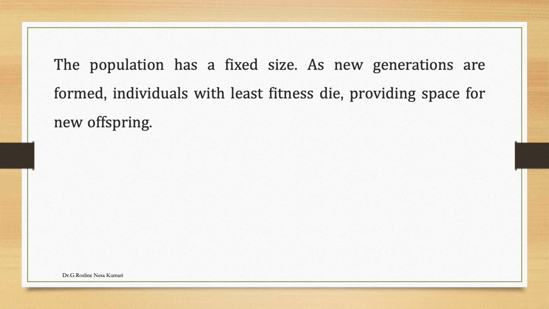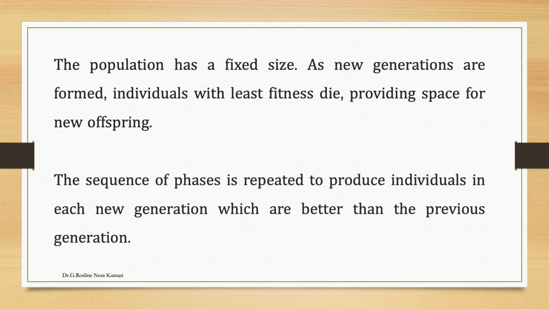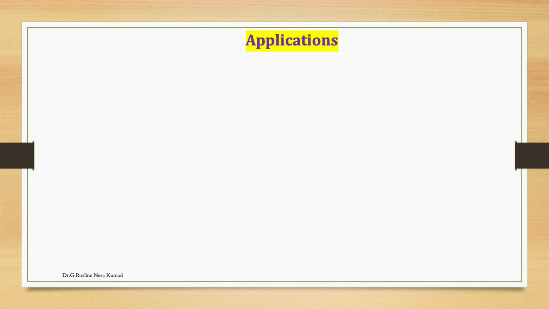As new generations are formed, the individual with least fitness will die, providing the space for new offspring. The sequence of phases is repeated to produce individuals in a new generation which are better than the previous generation. Now I am going to tell about the applications of the genetic algorithm.